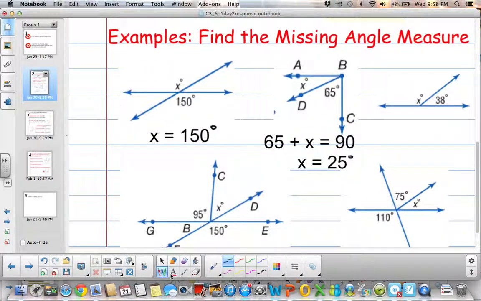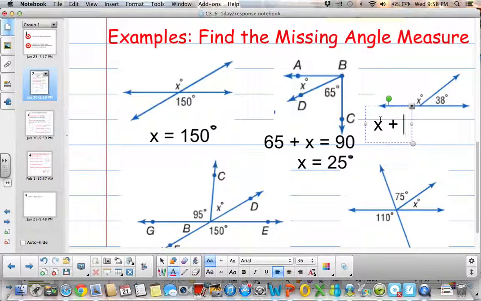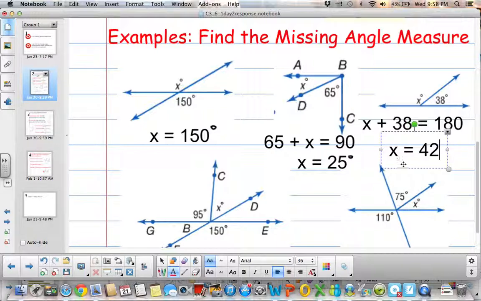So then we would have X plus 38 equals 180. And then we would subtract 38 from both sides, and we would get x equals 42 degrees.